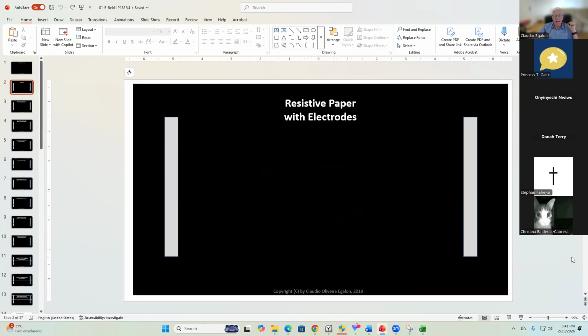Now that we have a paper with the electrodes, what do we have to do? We have to charge those two electrodes. Somehow we have to put positive charges in one electrode and negative charges in the other electrode. When we do that, we are going to create the parallel plate configuration that we studied before.